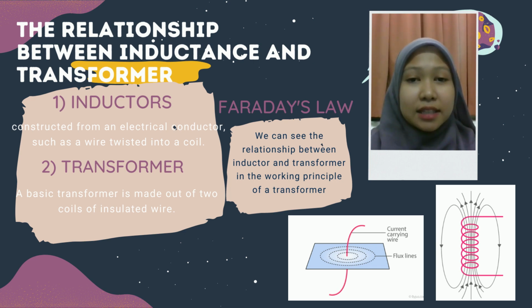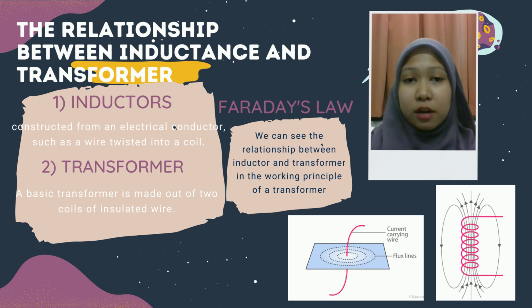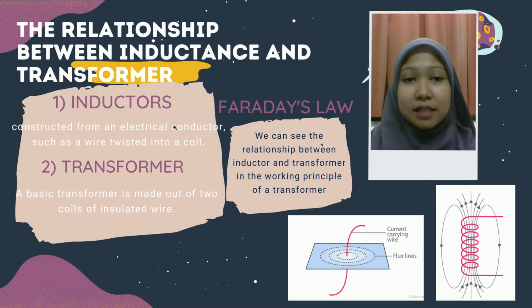First is the inductor. An inductor, also known as a choke or reactor, is a two-terminal electrical component that is passive. It is constructed from an electrical conductor, such as a wire twisted in a coil. A current passing through it will momentarily store energy in the coil's magnetic field. The second thing is the transformer.